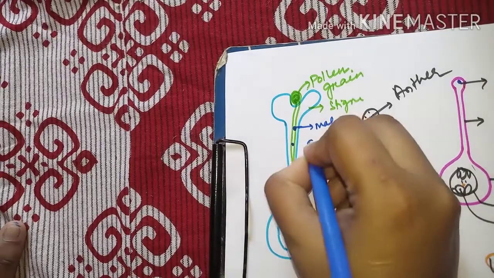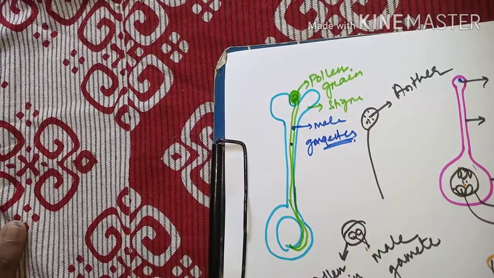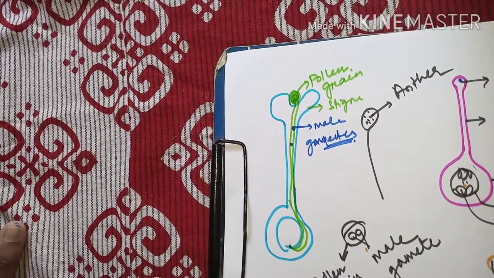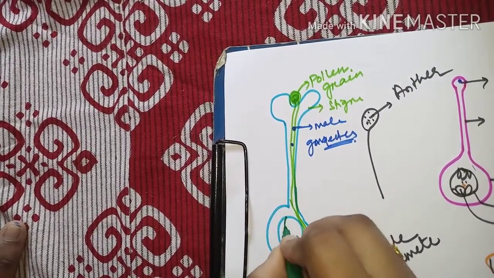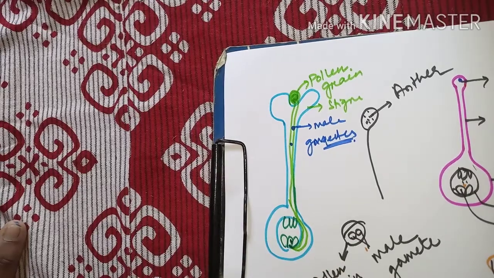These two male gametes enter into the ovule. Inside the ovule there is the presence of this particular one, the middle one, which is the egg cell.